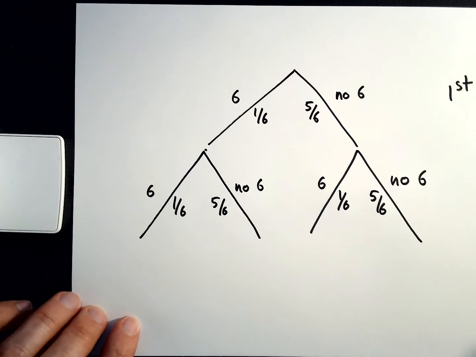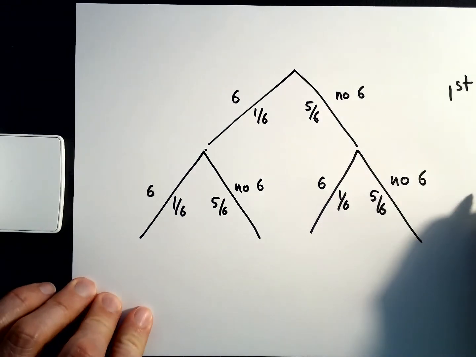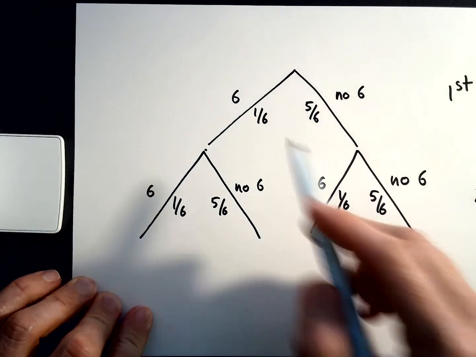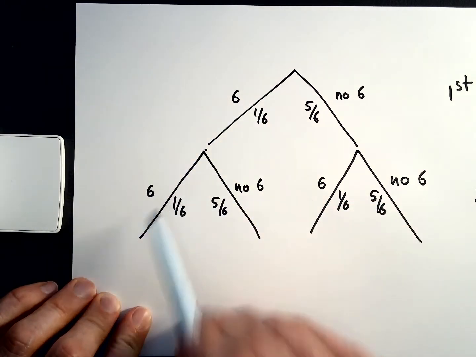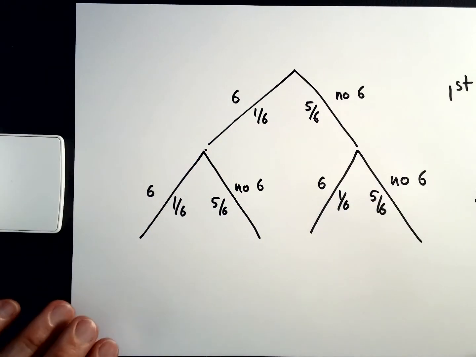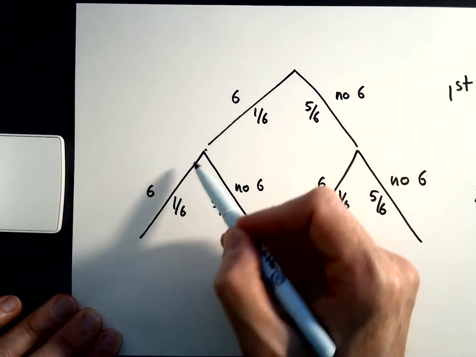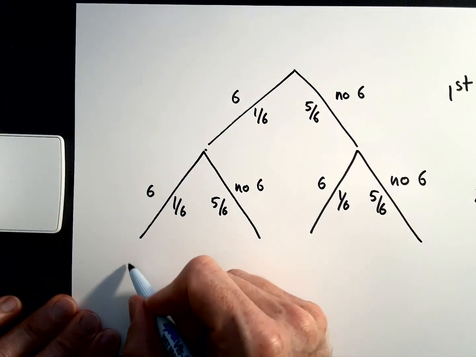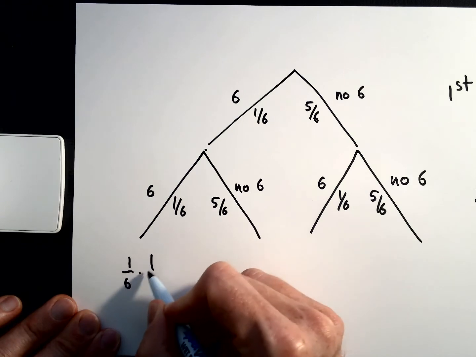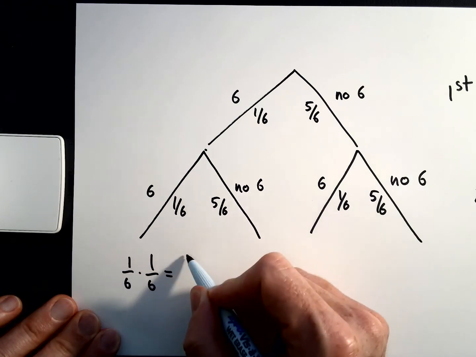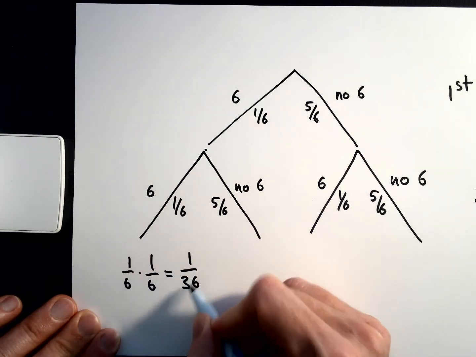And you can now calculate the probability of rolling a 6 on the first roll and a 6 on the second roll. And that probability would be, is one path. You're multiplying if you're going down a path, 1 over 6 times 1 over 6, and hence it is 1 over 36.